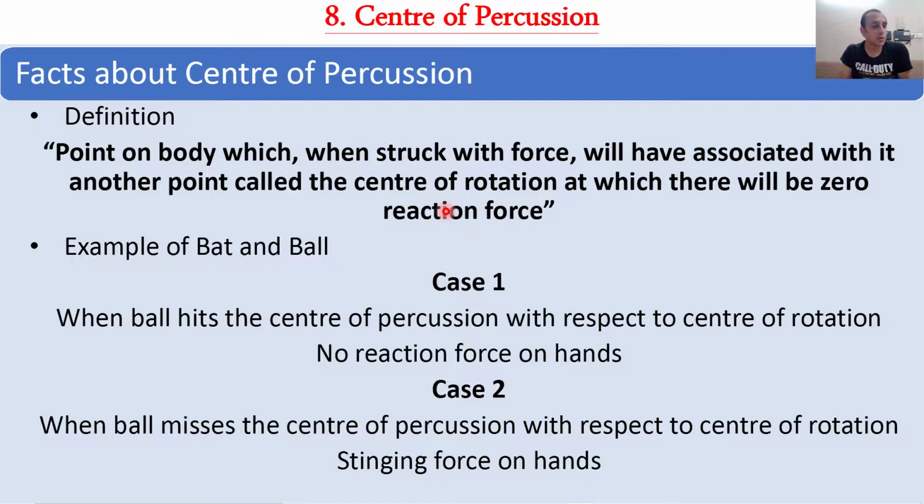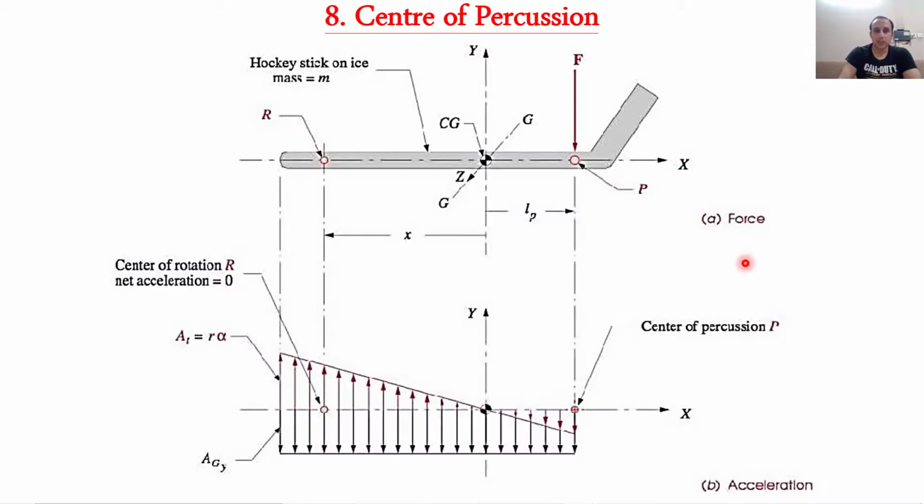And now we are going to apply this concept to an ice hockey stick. I will try to explain it further with the help of the example of an ice hockey stick. The cases which I just explained to you are mentioned here. You can see that this is an ice hockey stick, and the axis of the ice hockey stick is along the x-axis.